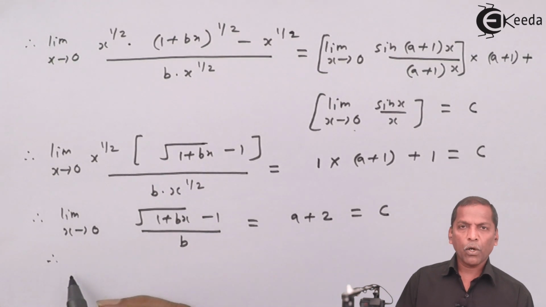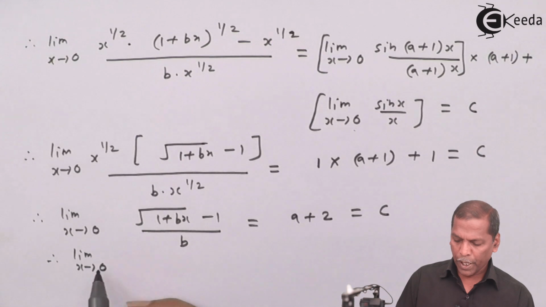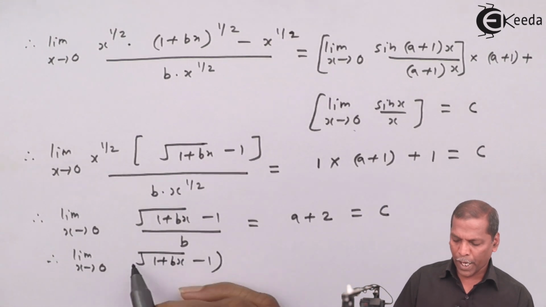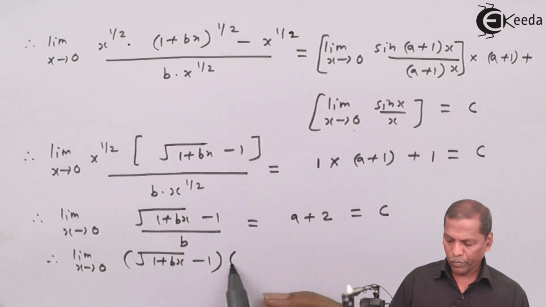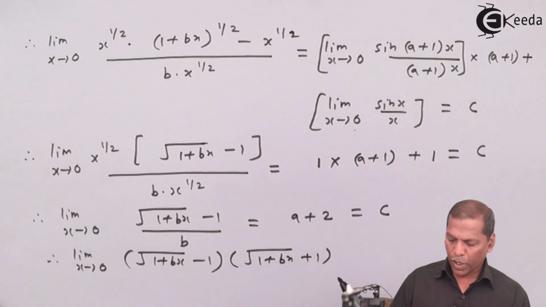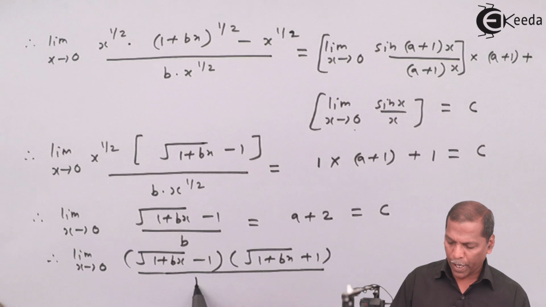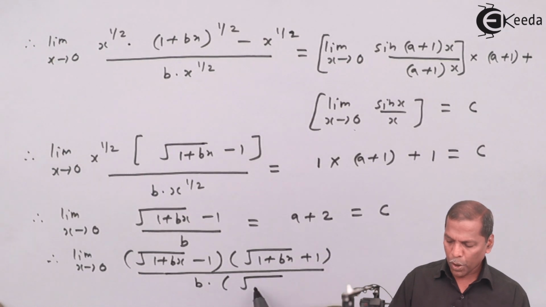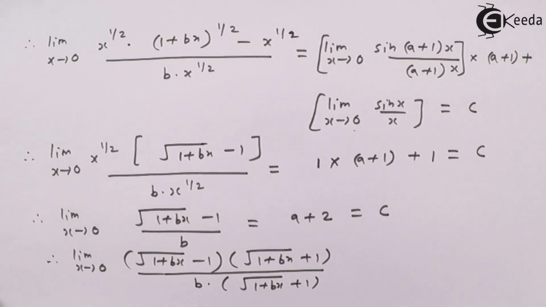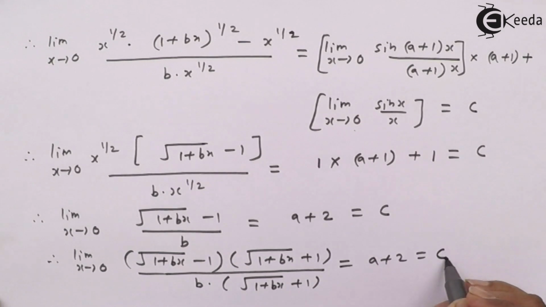On rationalizing the numerator, in the first limit we have limit x tends to 0 square root of 1 plus bx minus 1 in one bracket, then square root of 1 plus bx plus 1 in the second bracket, and then totally divided by b into square root of 1 plus bx plus 1, is equal to a plus 2, is equal to c.